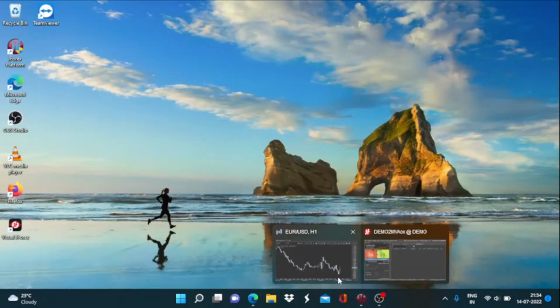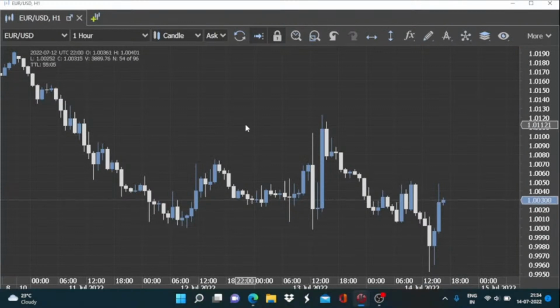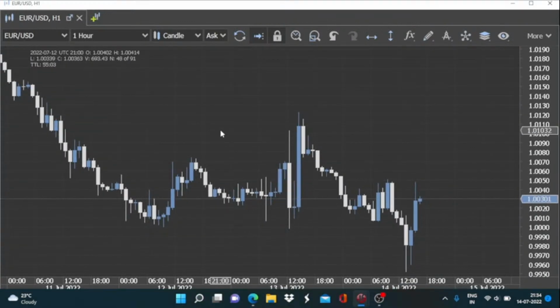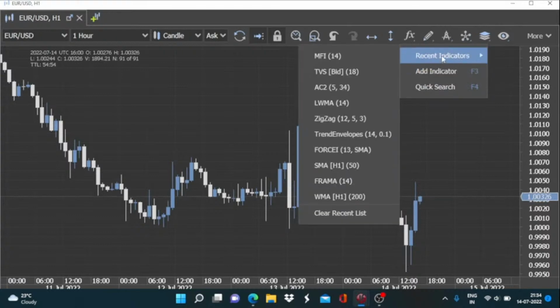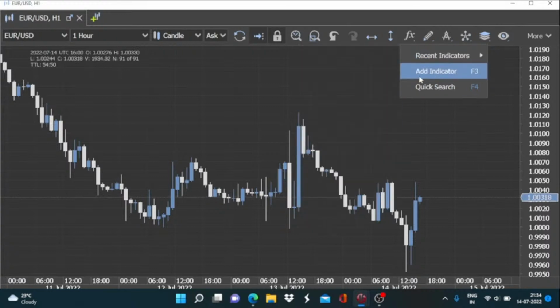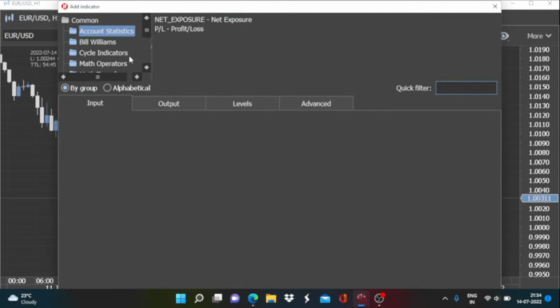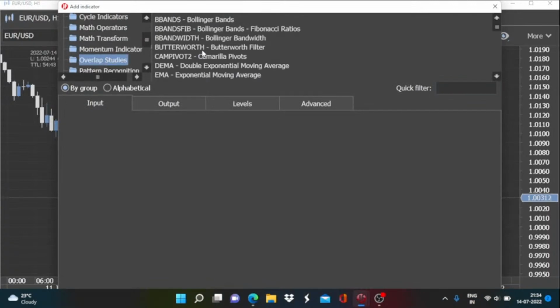We will be heading to the JForex platform. This is the Euro USD chart defined on the hourly candle period. I will add this indicator, the linear weighted moving average. There are two ways to do it. You can simply check for recent indicators, if you have used it, it is available here. Otherwise, you can go to this add indicator option and you will find it listed amongst these overlap studies.